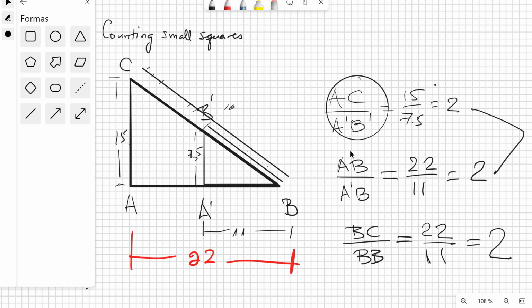But in this case, it's 2, the relation between one side and the corresponding, and then another side and the corresponding, another side and the corresponding. I did the division this way: 15 between 7.5, 22 between 11, and 22 divided by 11, more or less.